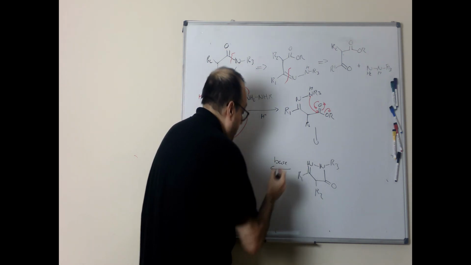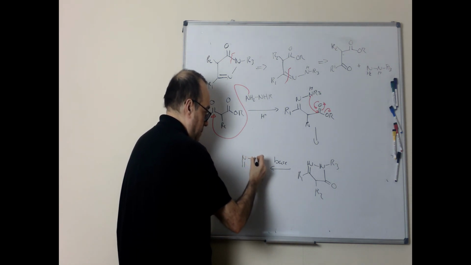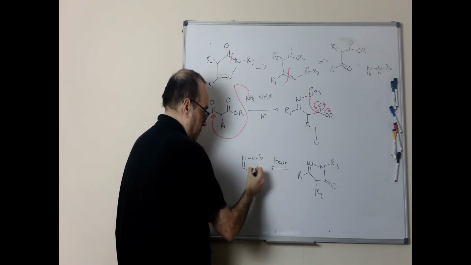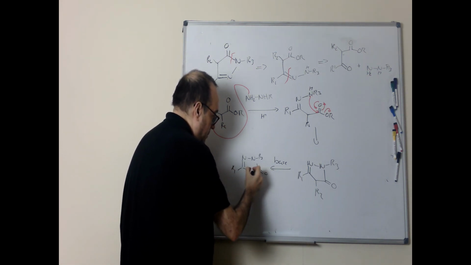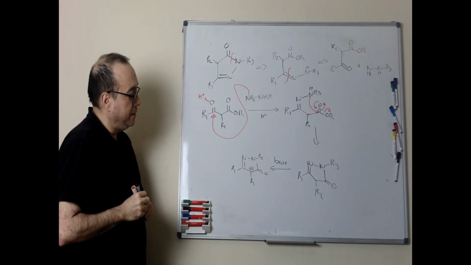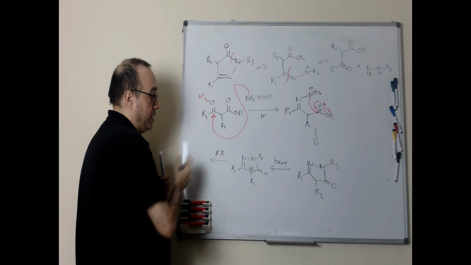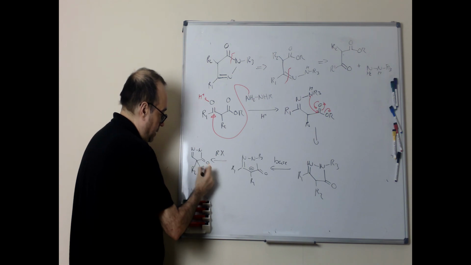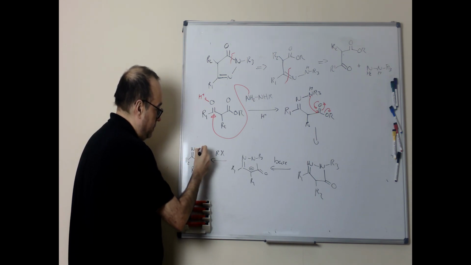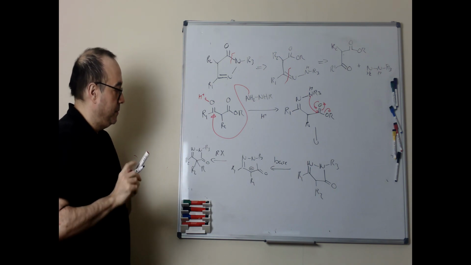If we treat this with a base, and we don't need a very strong base, basically, we can have this anion that is stabilized by resonance, and if we add, for example, methyl iodide, what we will do is the addition in this position.